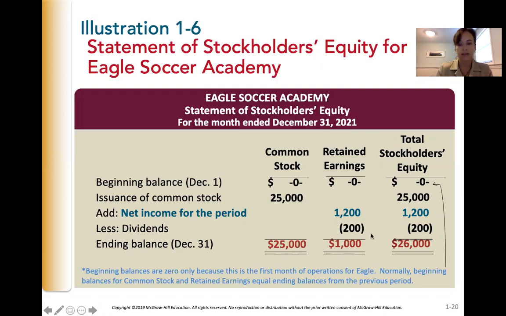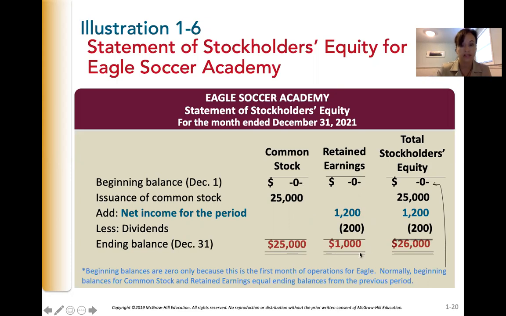So our final step is that we're going to calculate these ending balances. So common stock, we started out with 0. We sold 25,000. We got 25,000 from our investors. So our ending balance for common stock is $25,000. Retained earnings, we started out at 0. We made $1,200 this month in net income, but we paid $200 out to our shareholders. So how much did we retain?